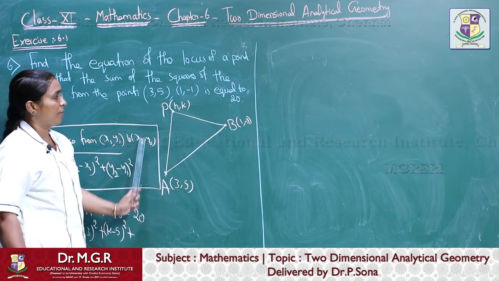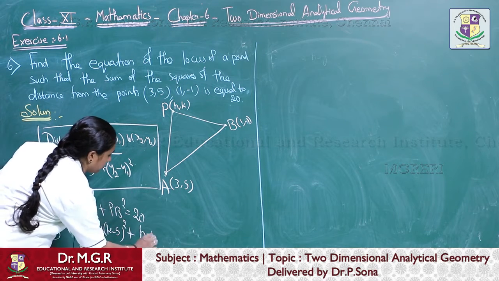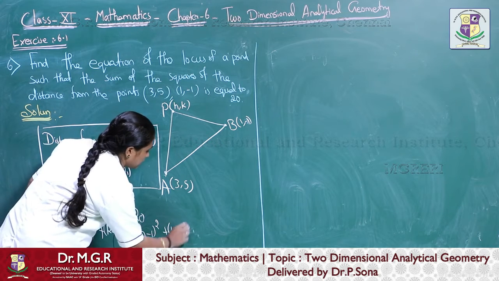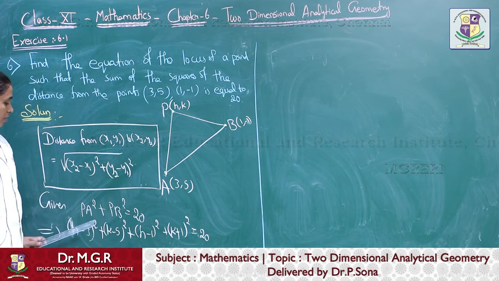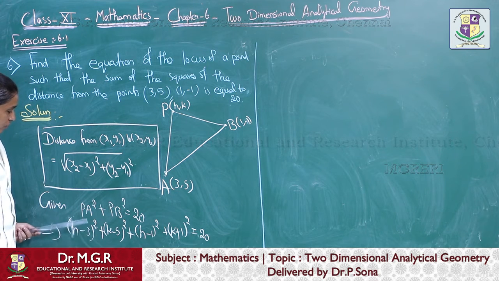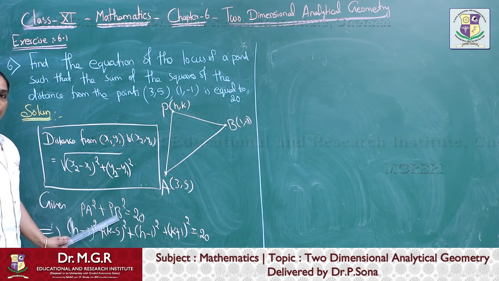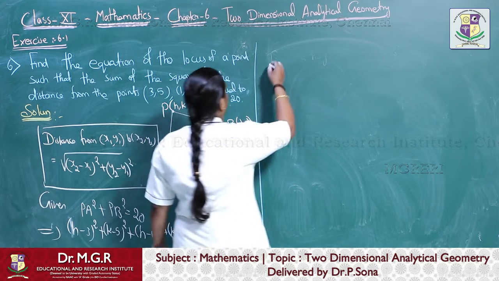Just you apply the formula for these two. (h minus 1) the whole square plus (k minus of minus 1, that is k plus 1) the whole square is equal to 20. So we have applied the formula and substituted the values of PA and PB in this equation, PA square plus PB square is equal to 20. Now we are going to simplify this.